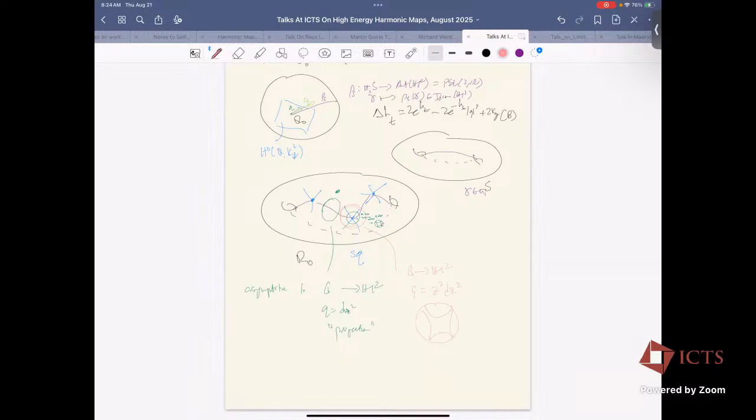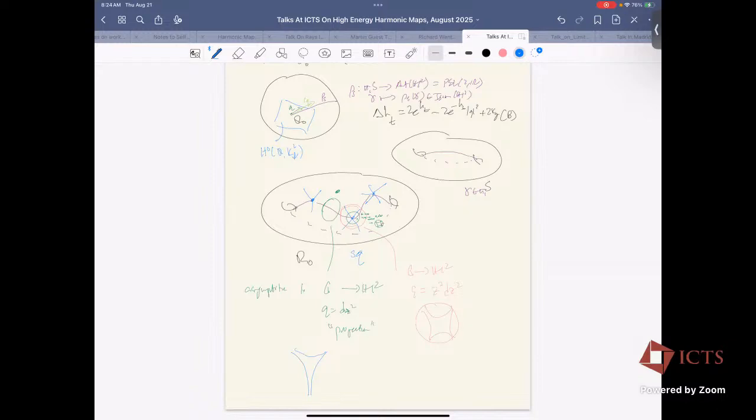If I put the entire thing together, what my picture looks like in the asymptotics is that this neighborhood develops to some ideal triangle.